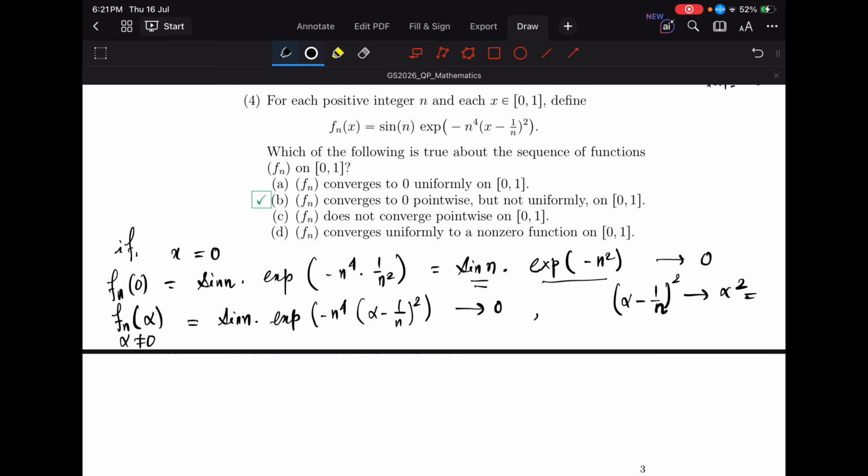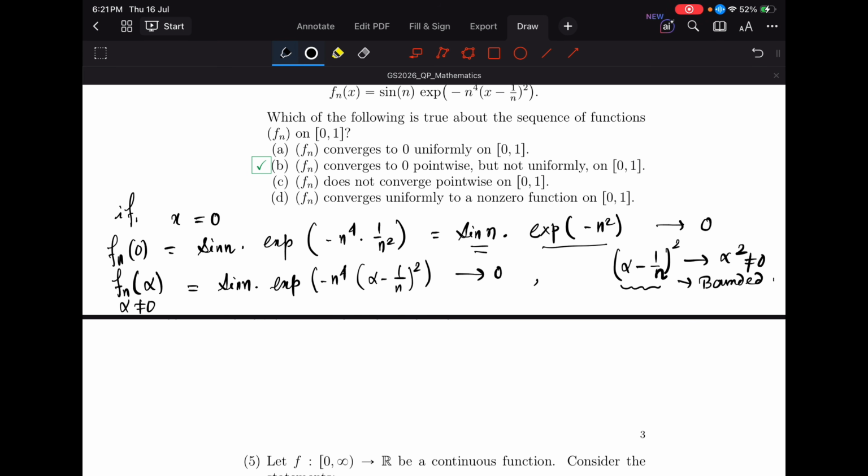Alpha squared is non-zero, as we assume that alpha is non-zero, and the limit is not equal to 0, then exp of minus n to the power 4 times (alpha minus 1 by n) squared tends to 0. The main point is this thing, n to the power 4 times the square tends to minus infinity.